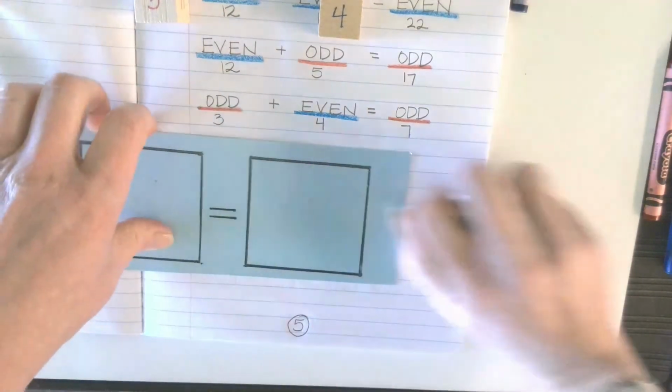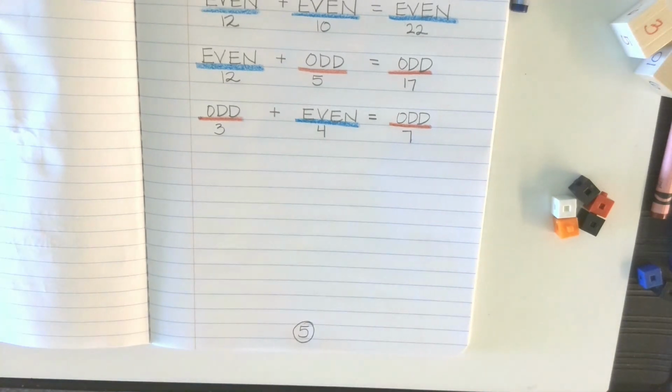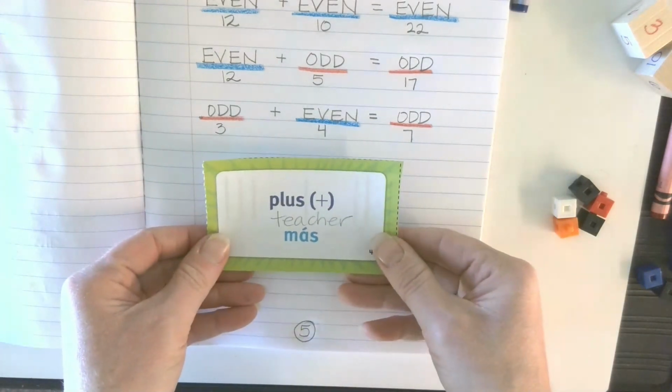All right. Let's look really quick. In your cards, you have these pencils. On the back it says plus.